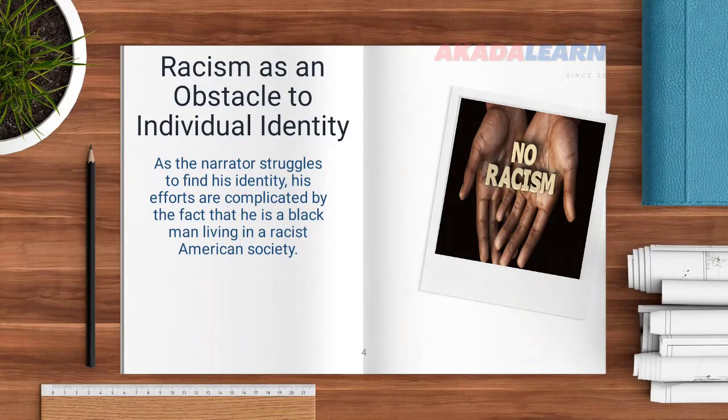The whites believe they are superior to the blacks, and finding his identity was very difficult because racism was that major obstacle that was blocking him from actually finding his footing, who he was and who he would be in the society.